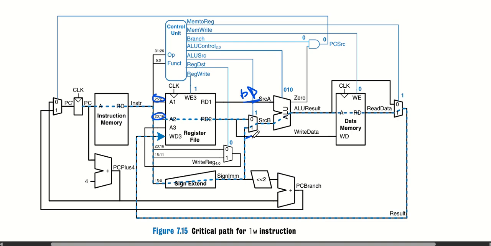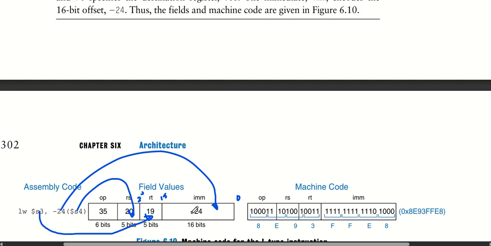What does sign extended mean? Let's use here again. Here is 16 bits. Now, the ALU can only process 32 bits, right? It has to take 32 bits. So sign extension means that we have to pad it with either zeros or ones to make it 32 bits.